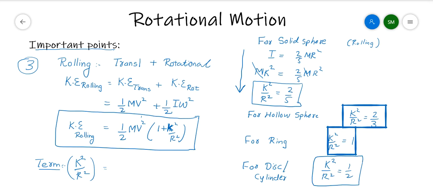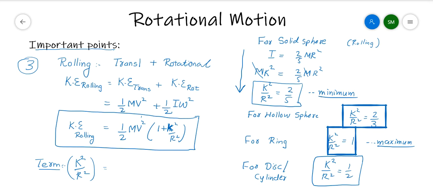Now if you compare all these four objects, that is solid sphere, hollow sphere, ring and disk, the value of k square by r square is maximum for the ring, and the value of k square by r square is minimum for the solid sphere.